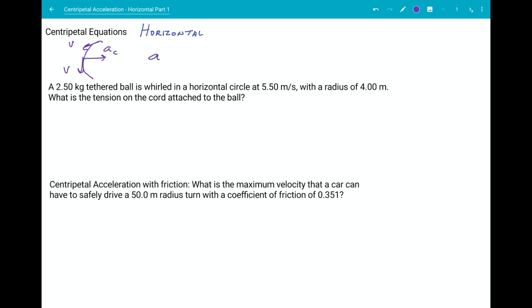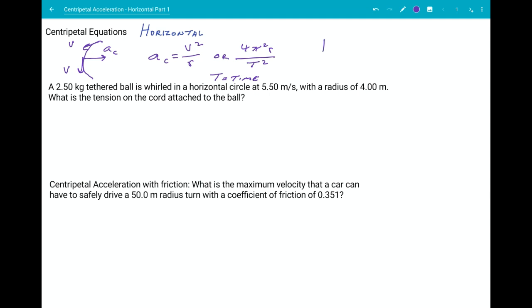So centripetal acceleration is equal to velocity squared over r, or 4 pi squared times r over T squared, where T is equal to time. So the time that the object is going around that curve. And if you might be wondering, well, what is the force?